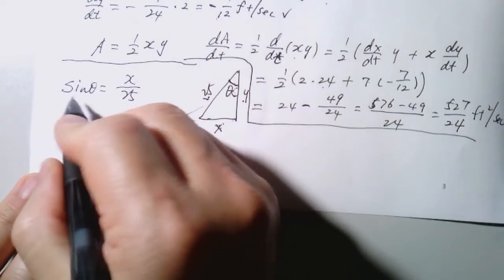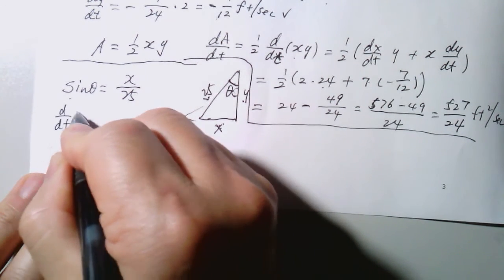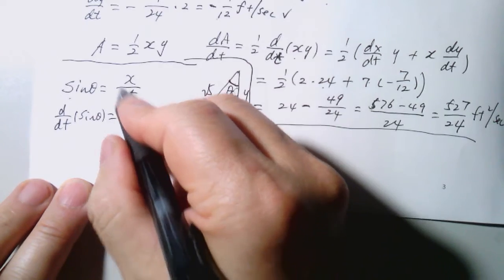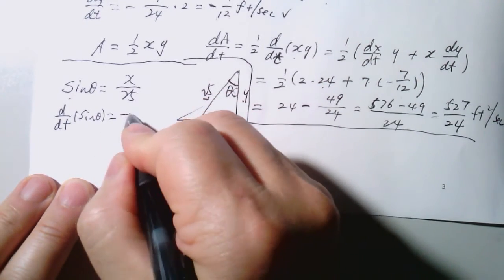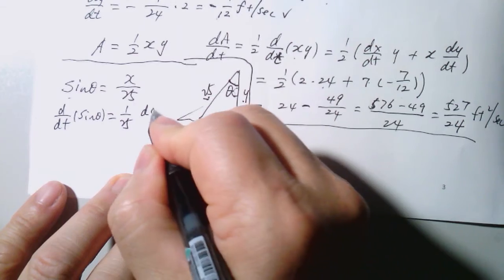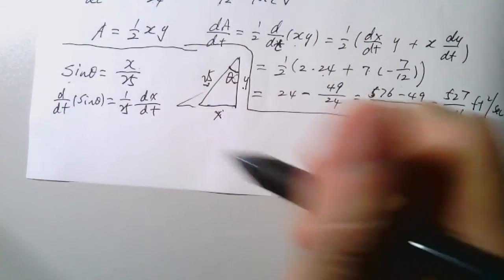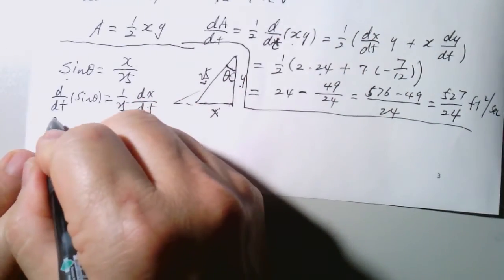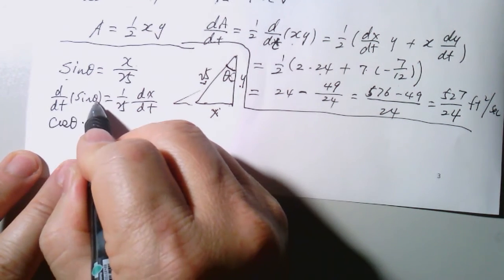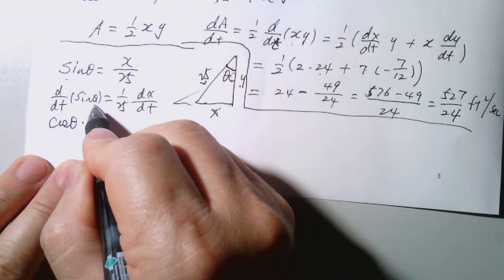So let's take the derivative of sine theta with respect to t. And for this one, don't use the quotient rule because 1/25 is a coefficient. Then you just take the derivative of x, dx dt. The derivative of sine theta is cosine theta. And remember theta depends on t, so you have to use the chain rule.